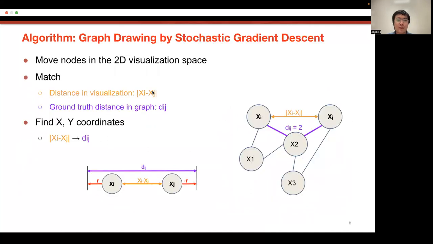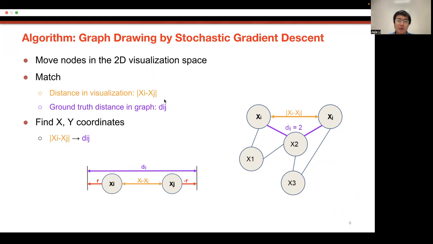In more detail, the algorithm is called graph layout by stochastic gradient descent. For each iteration, we choose two nodes, which is a node pair in the 2D visualization space. We have a ground truth distance in the graph, which is Dij, and we also have two coordinates in the visualization space, xi and xj, from which we can compute a distance in the visualization space.